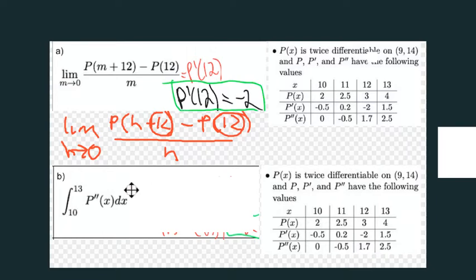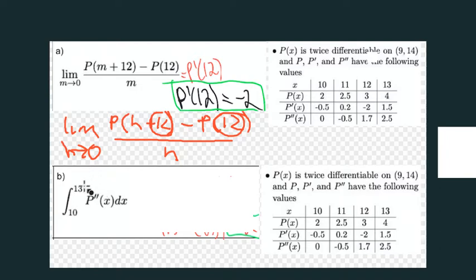Okay, next one. We need to get the integral from 10 to 13 of p double prime of x. So let's back this one up. What would the integral of p prime mean? Remember, this was in the opening video: any integral determines how much the y value changes by in the original function.